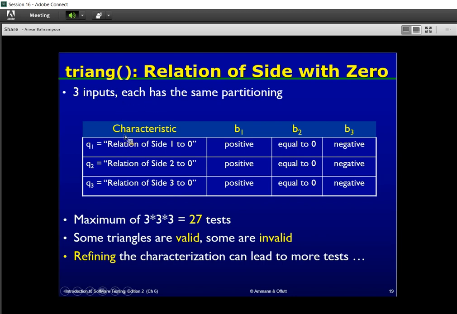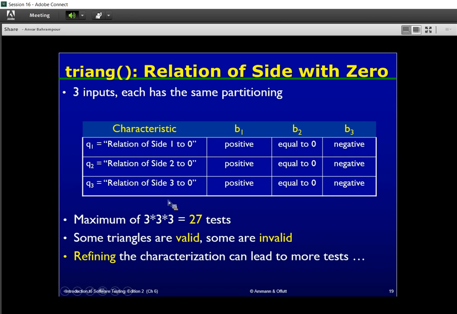In the interface-based approach, the important characteristic to partition the domain of each parameter is the relationship to the zero value. So the first parameter could have 3 blocks, the second again has 3 blocks, and so on for the third parameter.